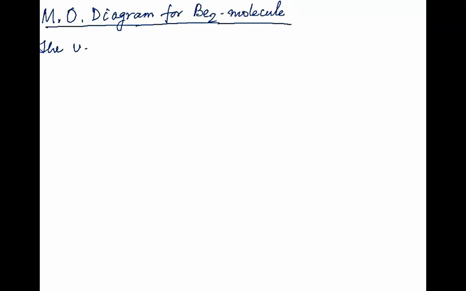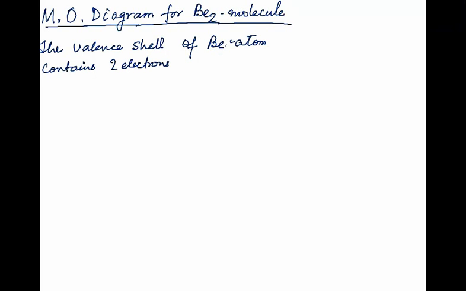Now the valence shell of the beryllium atom contains 2 electrons. That is, it has a configuration of 2s2.